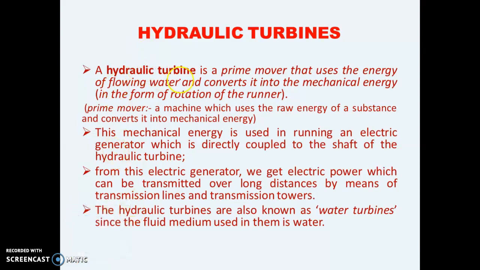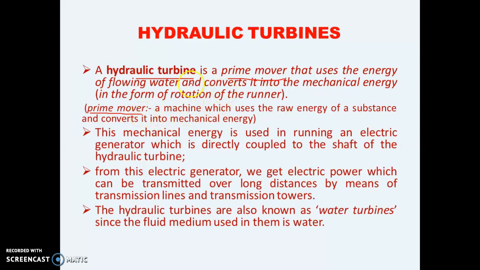A hydraulic turbine is a prime mover that uses the energy of flowing water and converts it into mechanical energy in the form of rotation of the runner. Now the prime mover definition is given here.